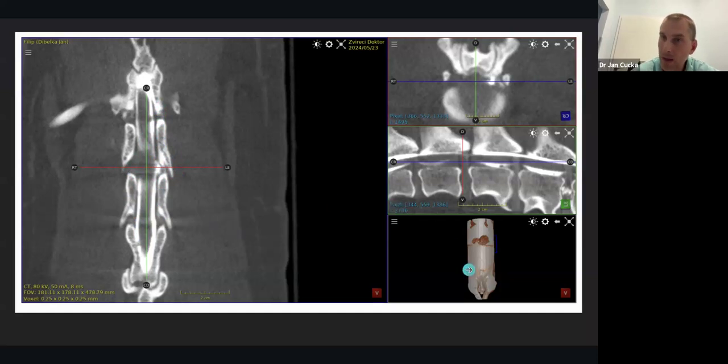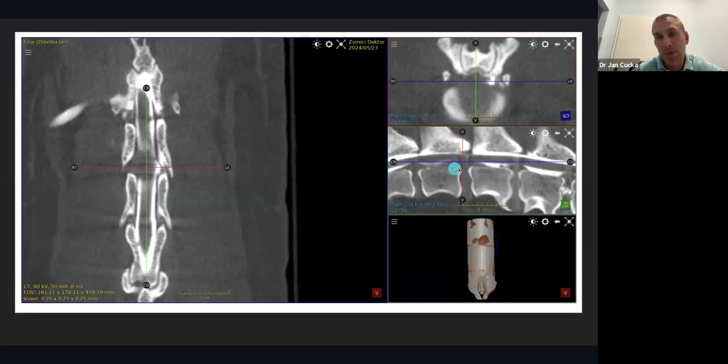And what's good to see on the sagittal views are both lines, so the dorsal and ventral line, and usually on the spot where some problem is, both lines are not clear.